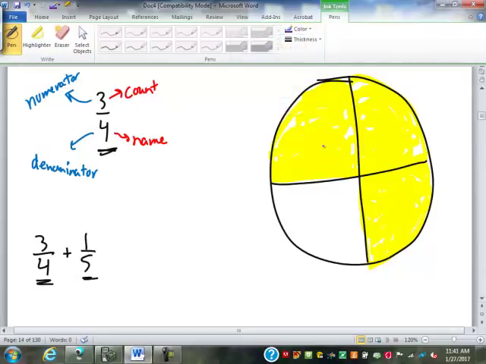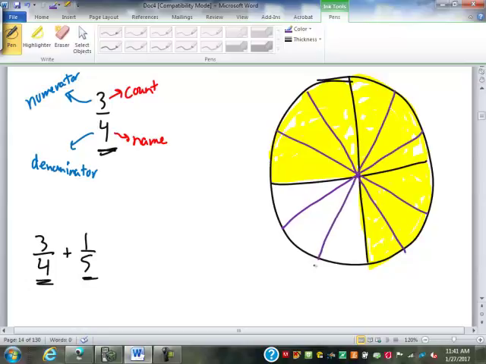Looking at this picture, probably the easiest way to change their names is to take every slice here and cut each one into 3 equal slices. Pretend these are equal cuts. So now, instead of 3/4, how many pieces does it take to make a whole object now?